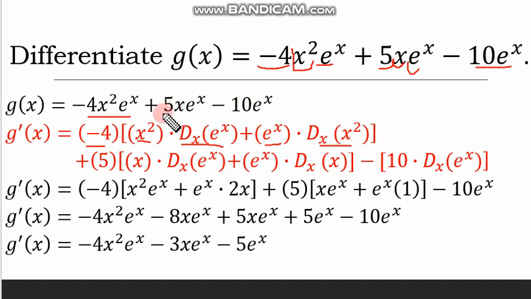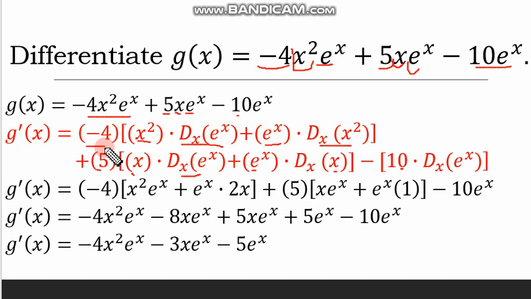Next is this one, 5. We will separate that first, and then the x and the e raised to x are treated separately. We will use the product rule for this one. So the first function is x times the derivative of the second function, e raised to x, plus the second function, e raised to x, times the derivative of the first function, which is x, minus the 10 times the derivative of e raised to x.